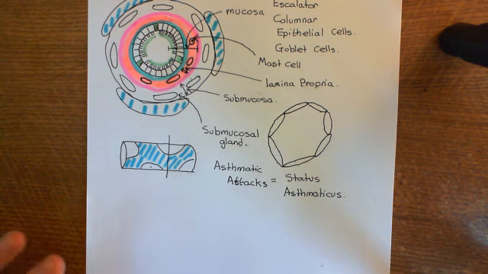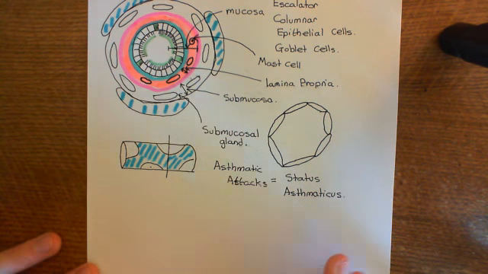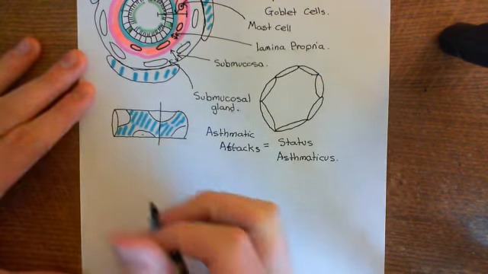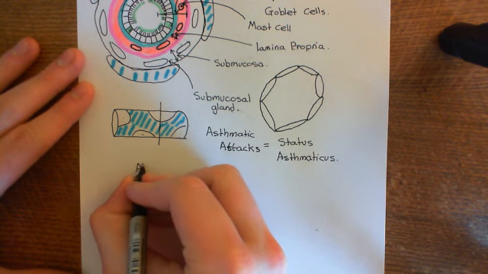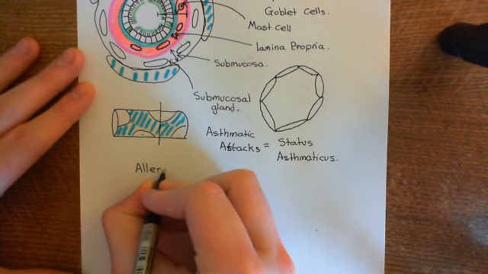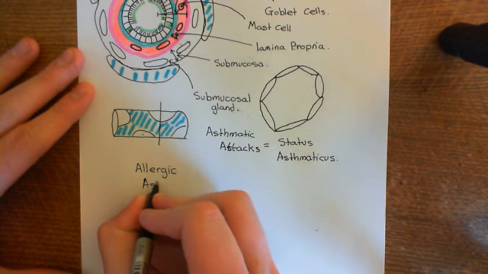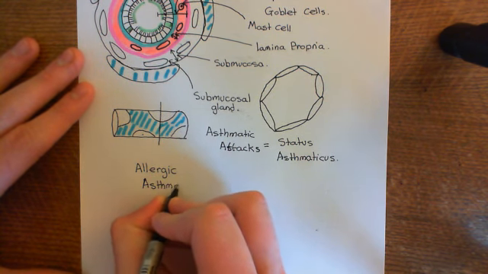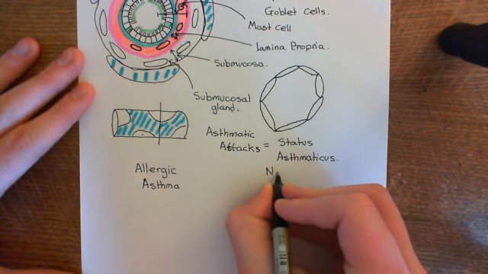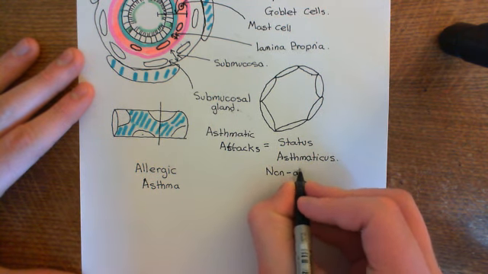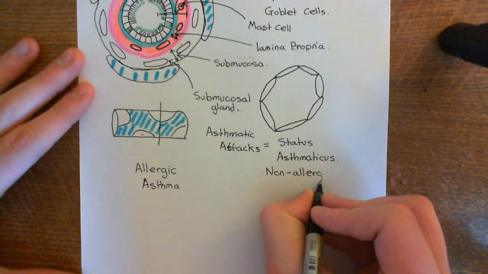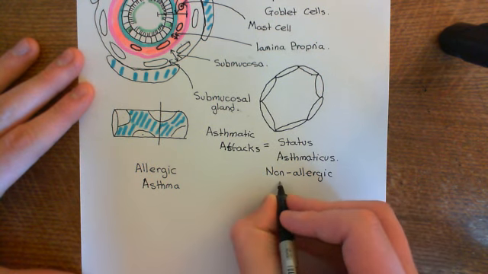Well, this is the difference between what is known as allergic asthma and non-allergic asthma. Confusingly, there are absolutely loads of different names for this. Allergic asthma and non-allergic asthma are the two main names that are used now, and they're the ones which make the most sense, but there are still old names which are used.